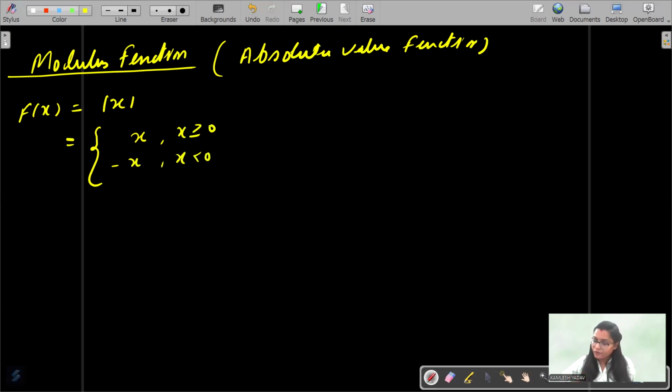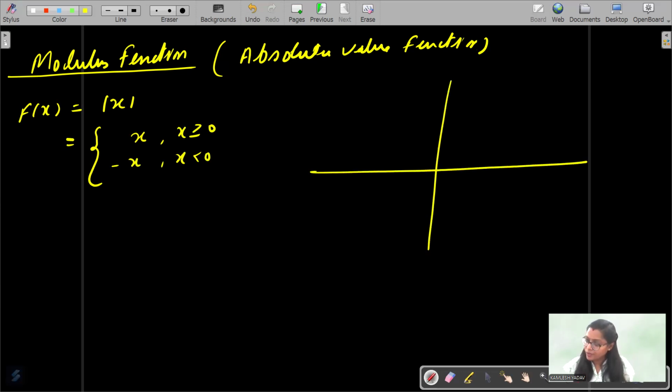Okay, so the graph of the modulus function is drawn like that. So this is the graph of the modulus function.